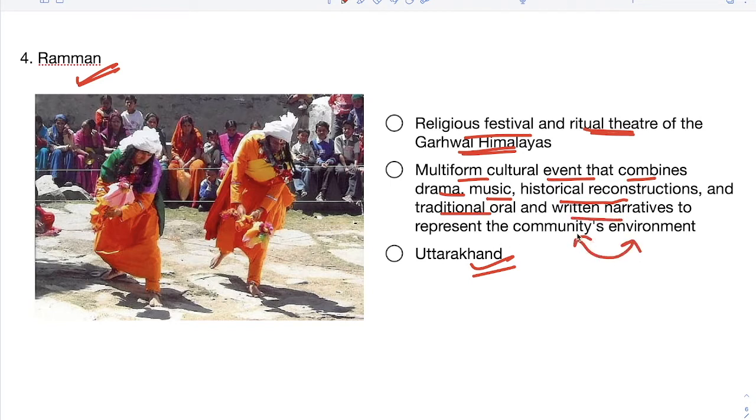We already discussed in the eligibility of ICH that there should be a community-based element. Here they are representing the community's environment, and there are many cultural things, a combination of drama, music, historical reconstructions, and traditions. Okay, this is regarding Ramman.